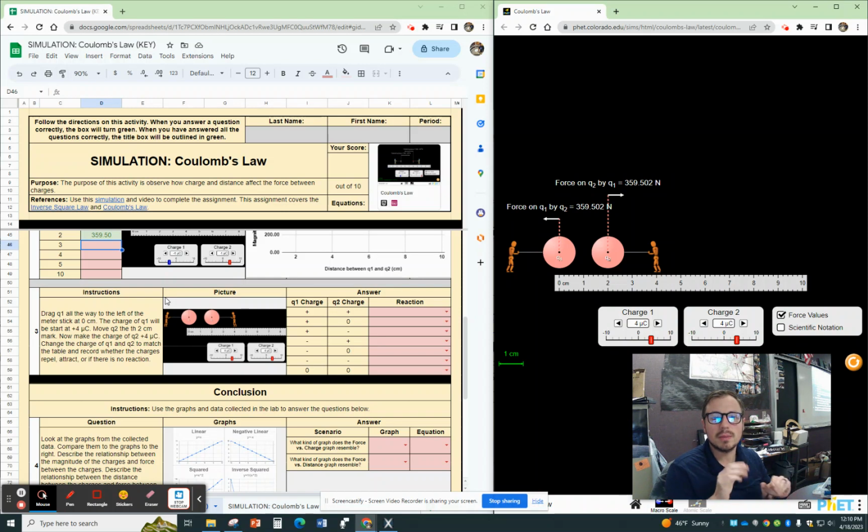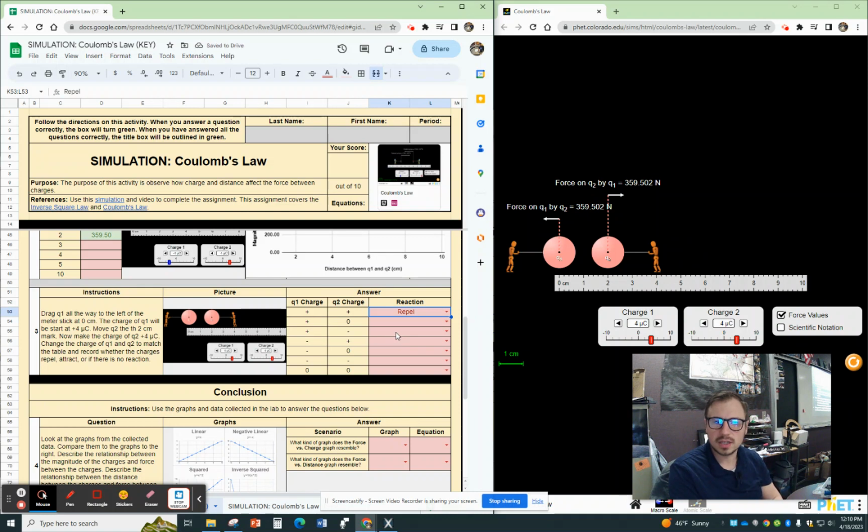What we're going to do is match the charge. So Q1 is positive, Q2 is positive as well. We want to tell whether the reaction is attract, repel, or no reaction. So you can see here that they're repelling away from each other. And the reason why I put them this close is so you can see the arrows. They're pointing away. They are going to repel each other.